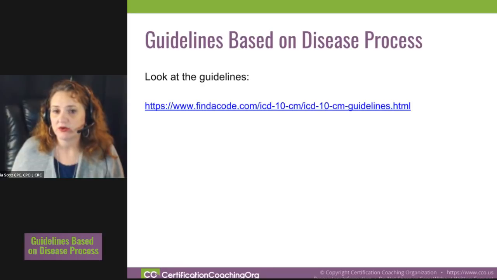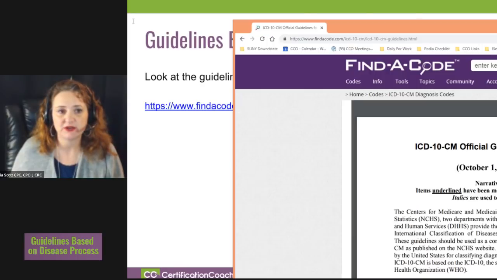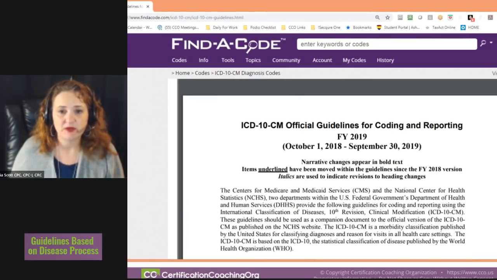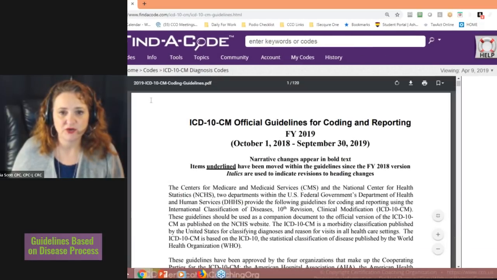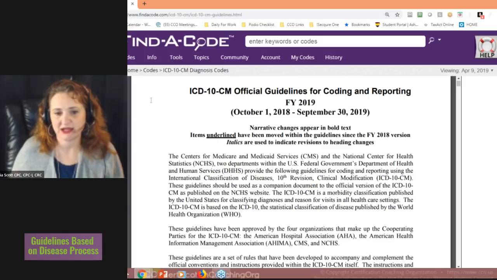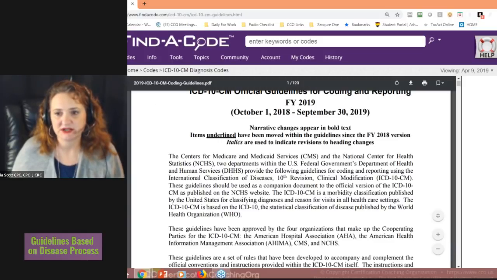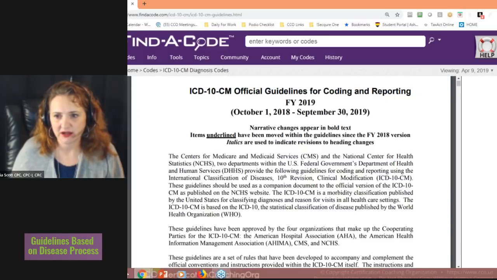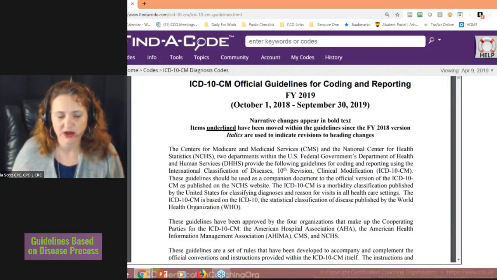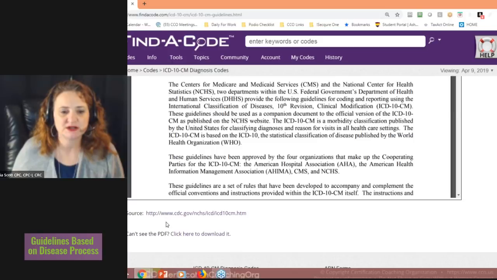If you don't have an encoder like Find a Code to be able to get the guidelines off of, Find a Code even tells you where you can download the guidelines, and that's off cms.gov. But let me just see if I can get down here at the end of the page to show you real quick. Right here. So where's the source?